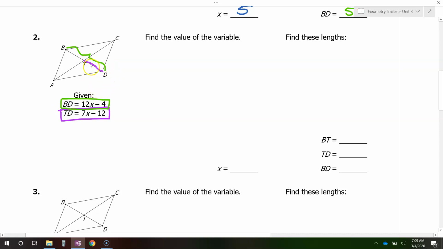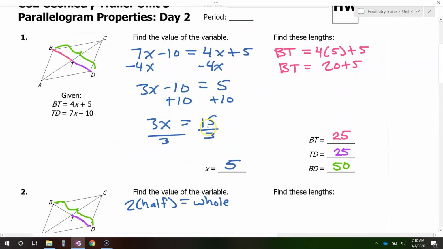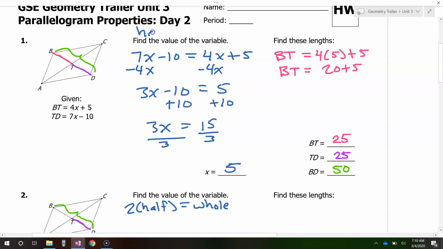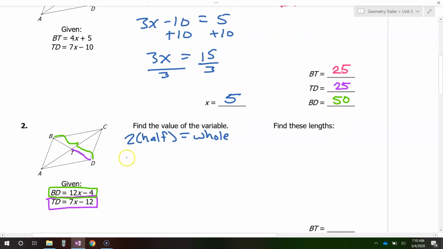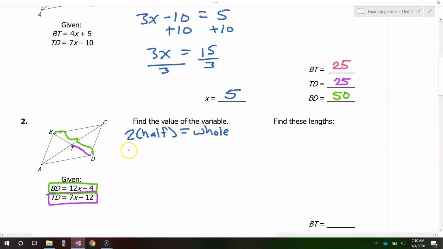So what we have is a half and a whole. And whenever we have a half and a whole, our equation will be of the form 2 halves equals a whole, as opposed to the previous problem where basically we had half equals half. This time we will have 2 halves equals a whole.